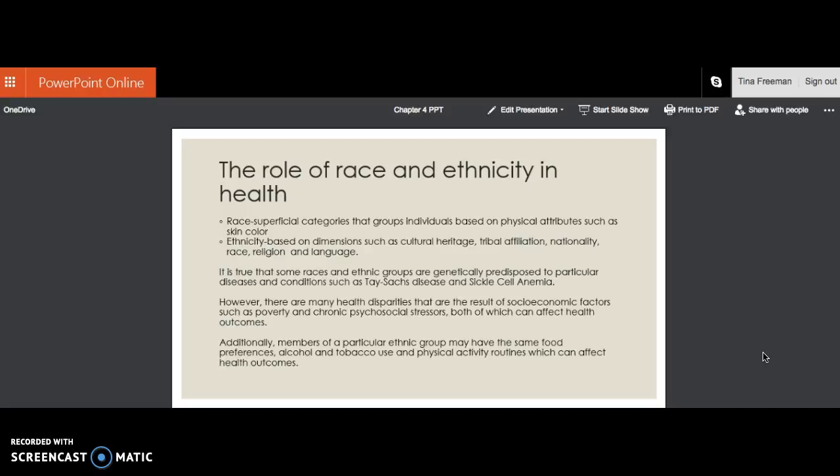They may celebrate special occasions differently. So many things that we can apply to ethnicity and culture. I don't want to leave race out of it, but because it's a superficial thing, in very rare instances when we see differences in health is it actually a race difference. It's usually a difference based in ethnicity.